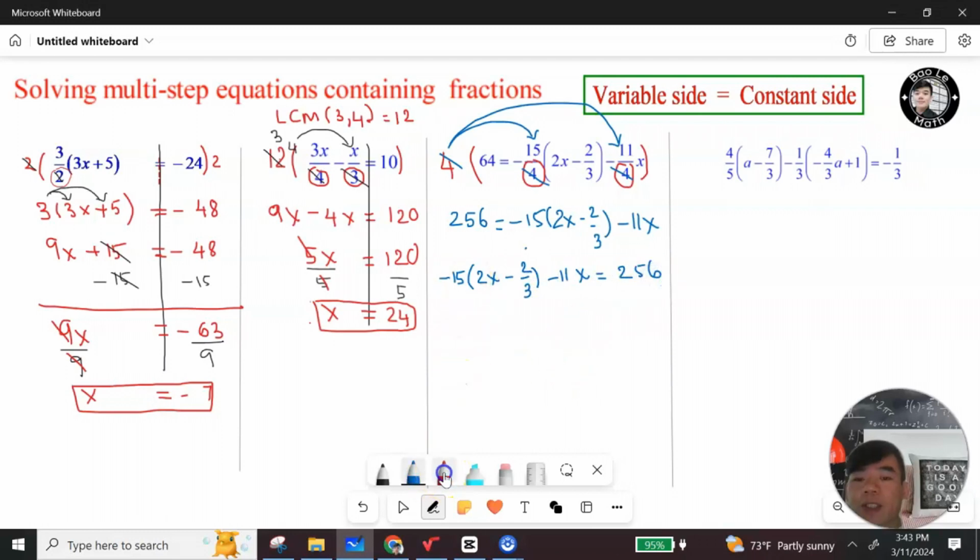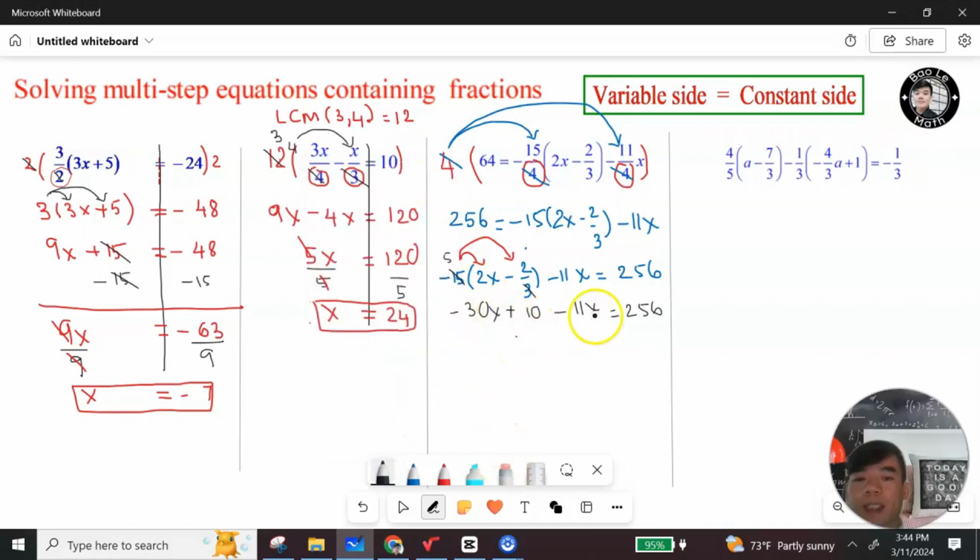Now I distribute. Negative 15 times 2s gives negative 30s. Negative 15 times negative 2 over 3: 15 divided by 3 is 5, 5 times 2 is 10, and negative times negative is positive, so it's positive 10. Minus 11s equals 56.